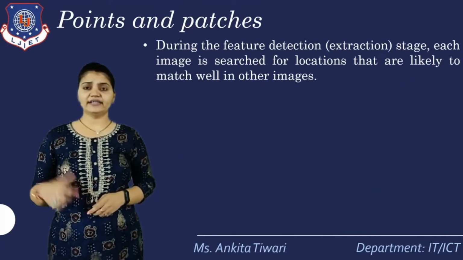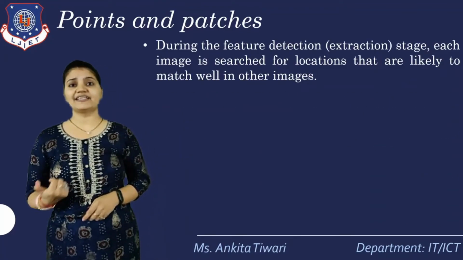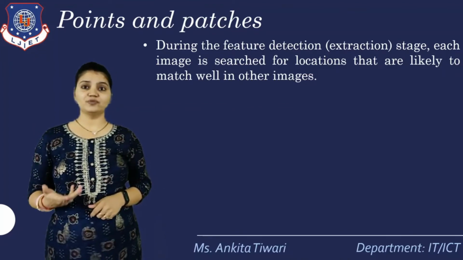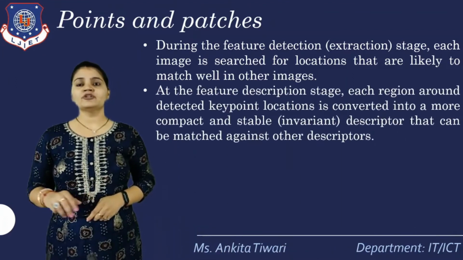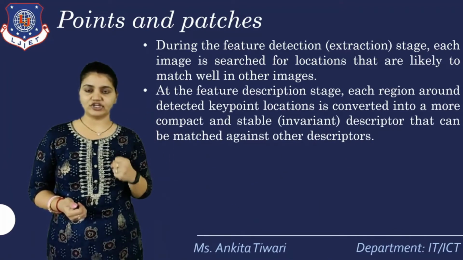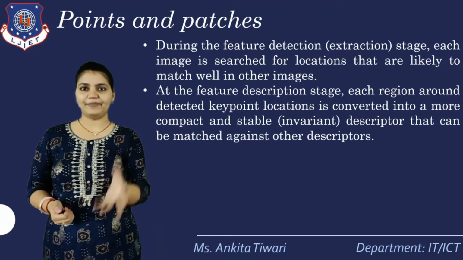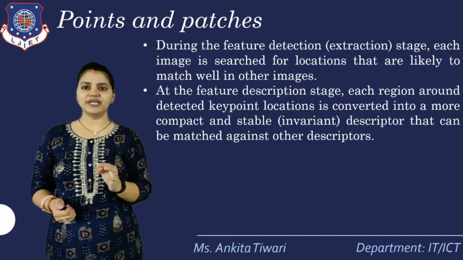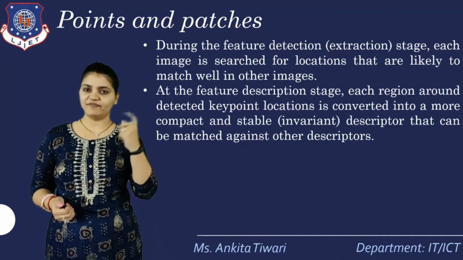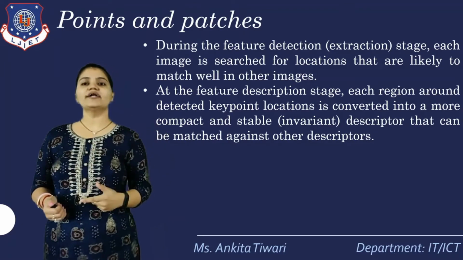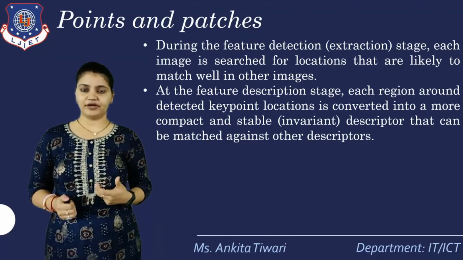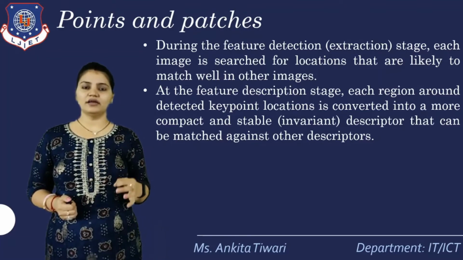During the feature detection, or extraction, stage, each image is searched for locations that are likely to match well in other images. At the feature description stage, the feature detection, that is the extraction stage, is already done. Now, when we are describing what we have extracted, each region around the detected key point location, in the form of patches that we have already seen, is converted into a more compact and stable, that is invariant, descriptor that can be matched against other descriptors.